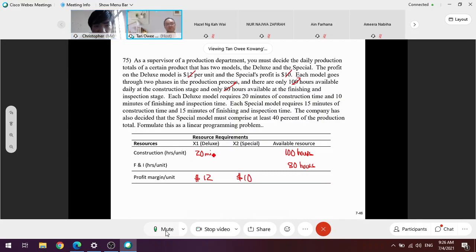I'm afraid time is not enough. Chris, you must remind me, because I didn't look at the time. Okay, then the 20 I have set. And then 10 minutes for finishing. And then I must cancel it. Everyone, I strongly suggest you cancel this way. Then each special model requires 15.